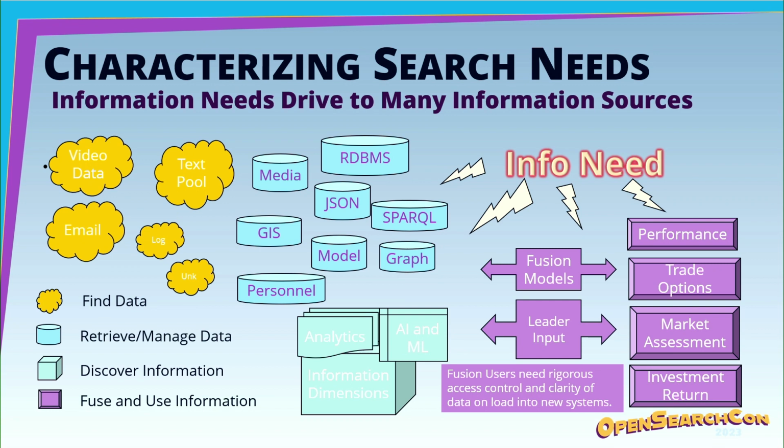All right, so this is a cartoon version that actually has some of the types of data sources that we talked through earlier, which is your find data. That could be video data with embedded big text pools, log data, emails, your structured personnel databases.